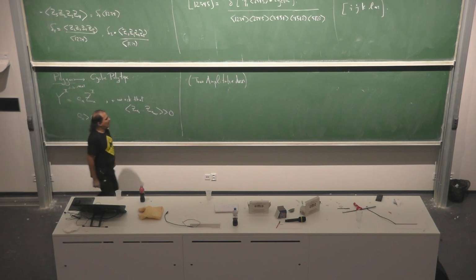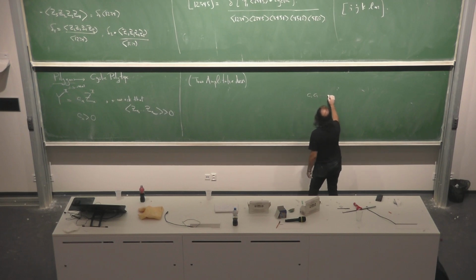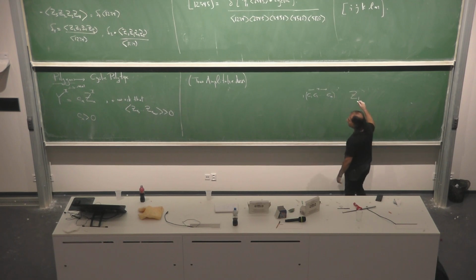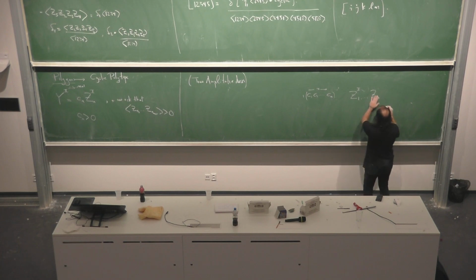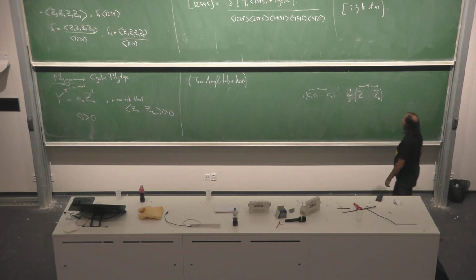We can think that I have a vector C1, C2 up to Cn, a 1 by n vector, and the Z1I up to ZnI, and this was m plus 1 dimensional. We did m equals 2 and m equals 4.